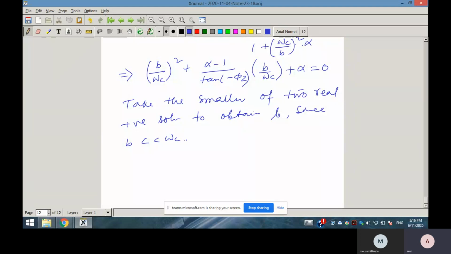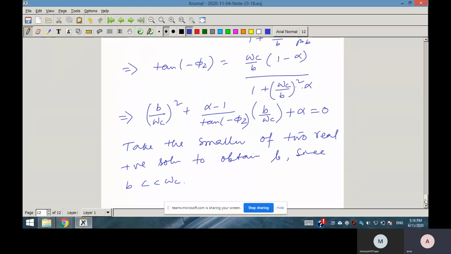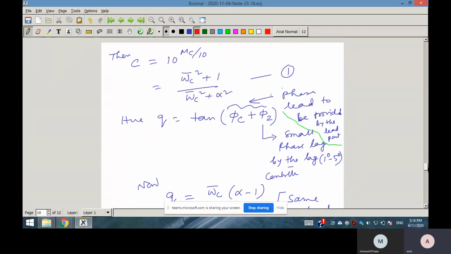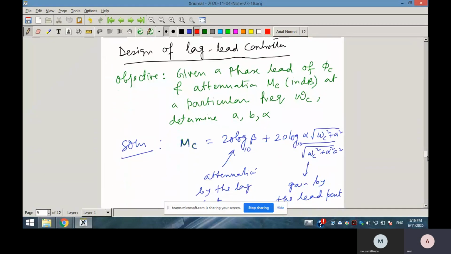So that means there are 3 steps. So this is the last one. The first step of the design procedure is like this: you have been given a phase lead phi c and attenuation M c dB at some frequency omega c. You have to determine A, B, alpha and beta, with beta equal to 1 by alpha.